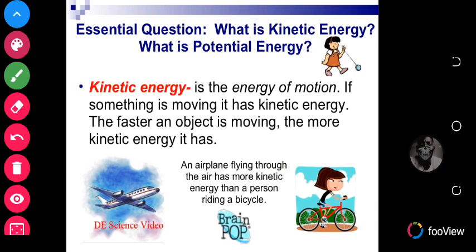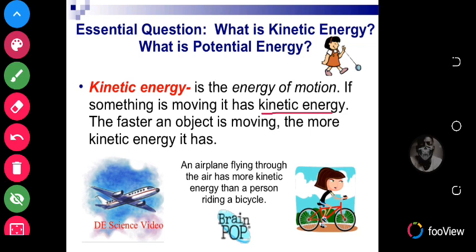So let's look at the first form of energy, kinetic energy. What is kinetic energy? When we talk about kinetic energy, we are talking about the energy of motion, the ability or power that causes another thing to move. If something is moving, it has what we call kinetic energy. It has the energy of motion.